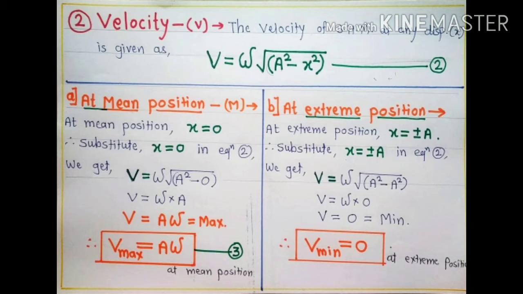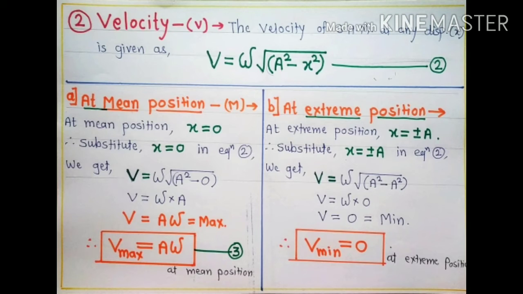At mean position, displacement x is equal to 0, and therefore substitute x is equal to 0 in equation 2. Then we get v is equal to omega root of capital A square minus 0. That is v is equal to omega into A, or we write v is equal to A omega.